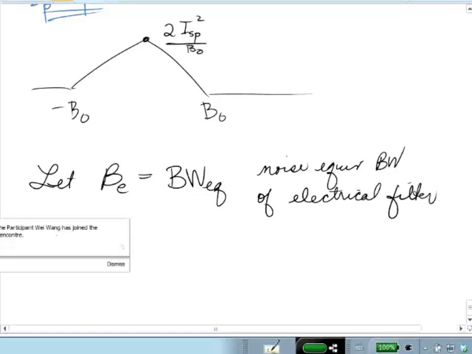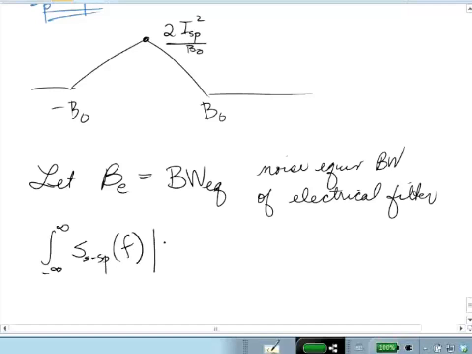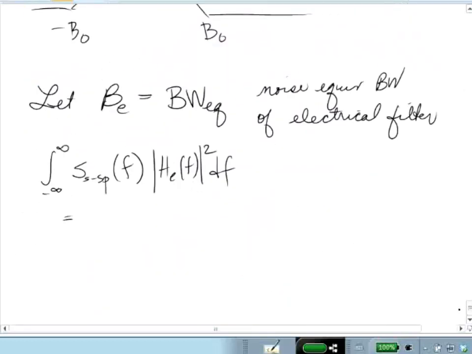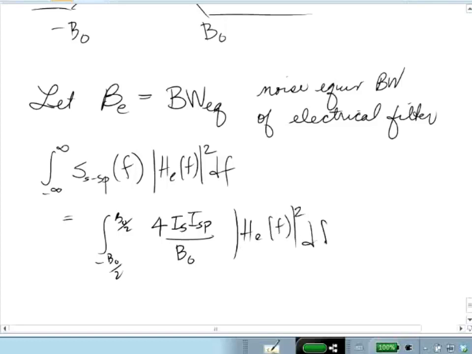Clearly for the signal-spontaneous noise, the noise variance becomes the integral of the signal-spontaneous power spectral density times the modulus squared of the frequency response of the electrical filter. Now I plug in the square shape that I have for the signal-spontaneous, and then what I get is the integral from minus B0 over 2 to B0 over 2 of the constant term times HE of f squared df.